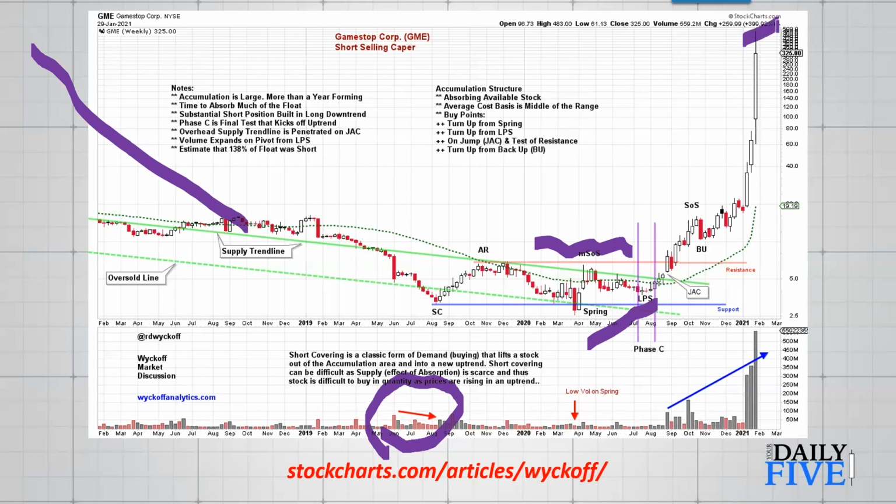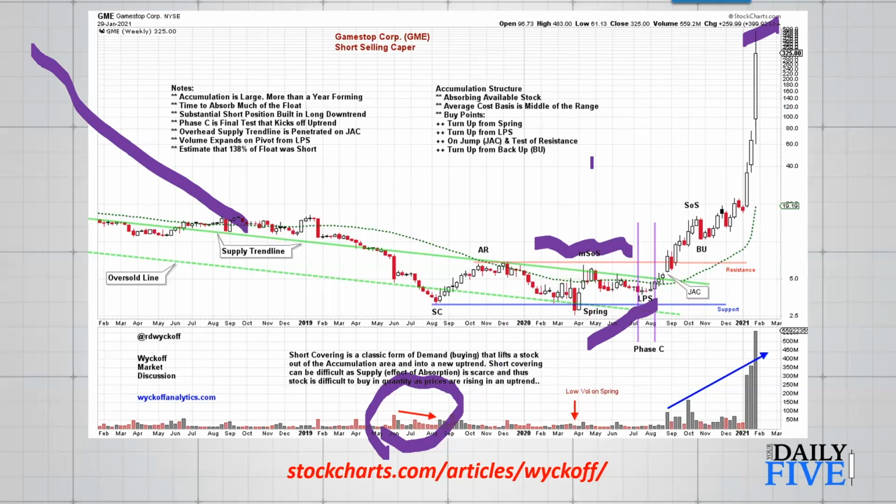Well, now the stock has gone upwards of over $400 from this low at $3.15, which is quite dramatic. But the cause of this panicky buying is these large short sellers who are really largely trapped in the stock.